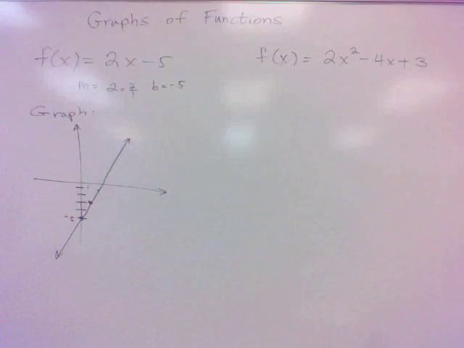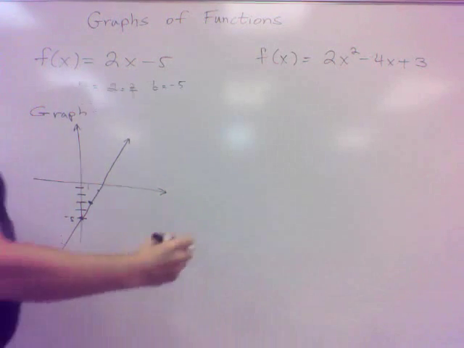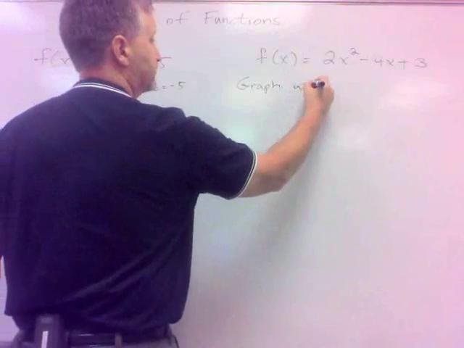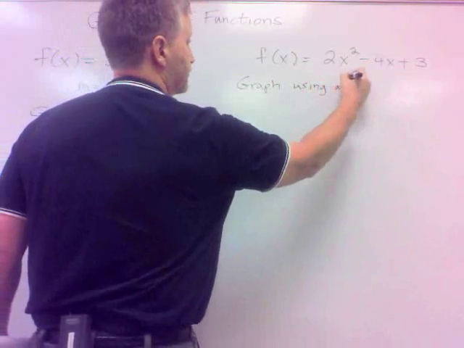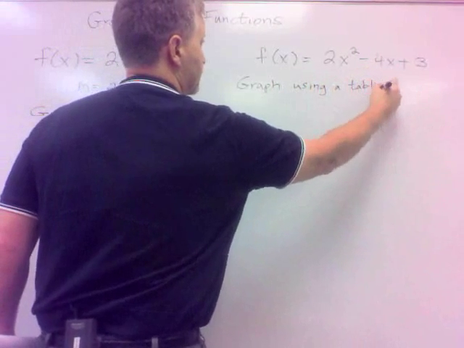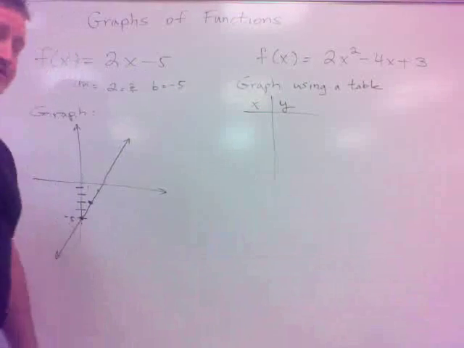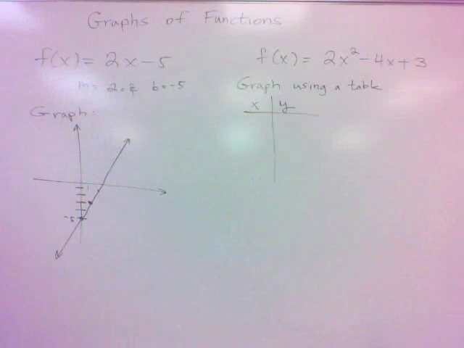Perhaps you know more about this than we'll talk about right now, but just with what we've talked about, the way we're going to graph this one is using a table, an x, y chart.